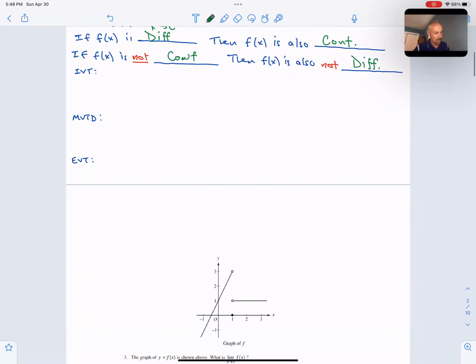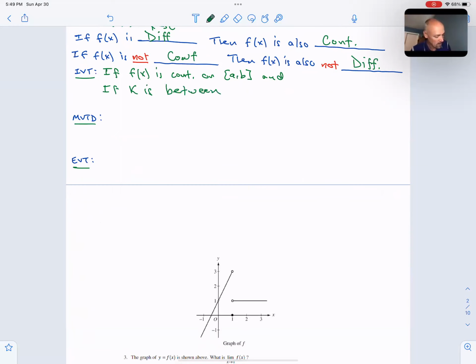Okay. All right. Now we've got three important theorems. IVT. If f of x, first condition, f of x is continuous on the closed interval a to b, most popular condition, shows up a lot. And if k is betwixt and between f at a, I like to put f at a equals blank.